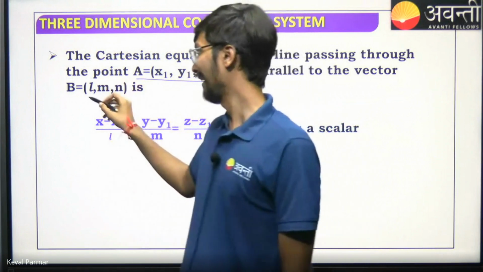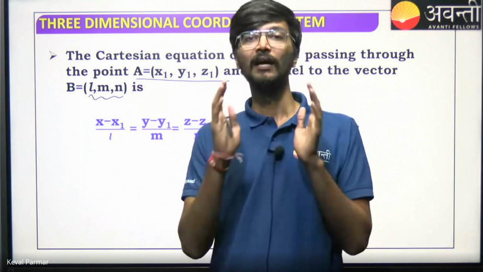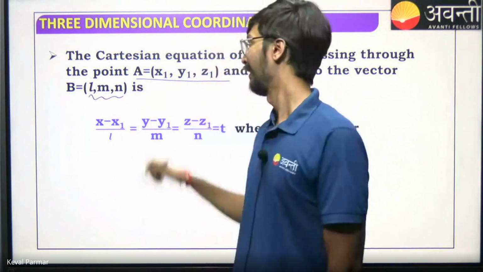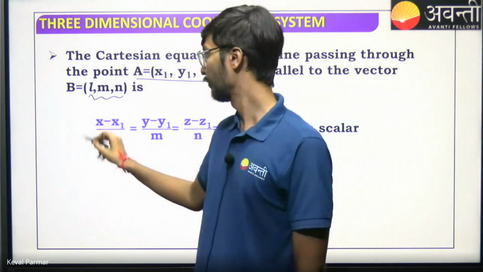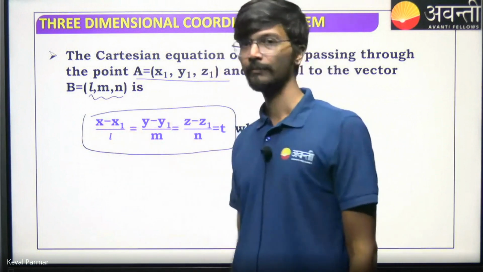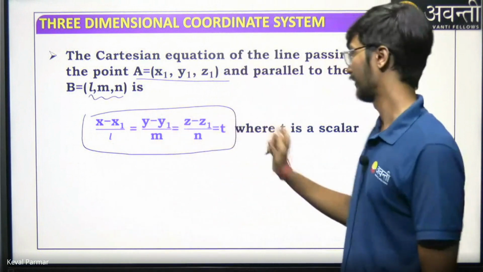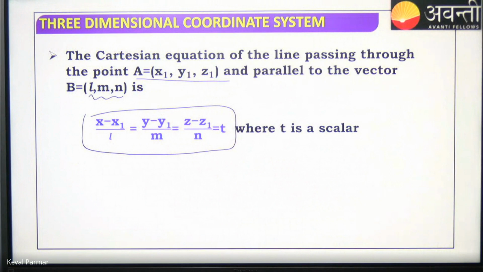So l, m, n are the direction ratios of the vector which is along the line, and this is the point. So the equation can be written as x minus x1 upon l is equal to y minus y1 upon m is equal to z minus z1 upon n, where t is a scalar.